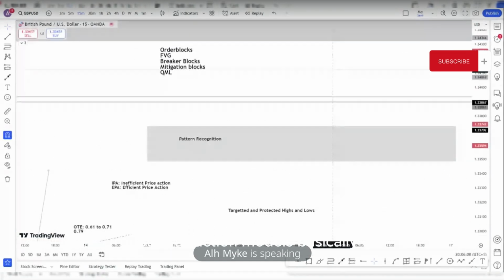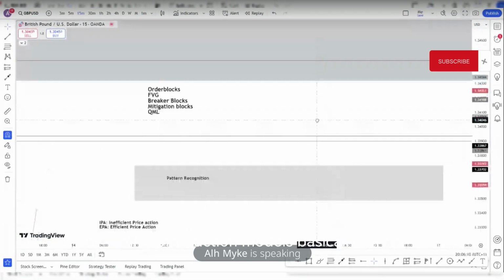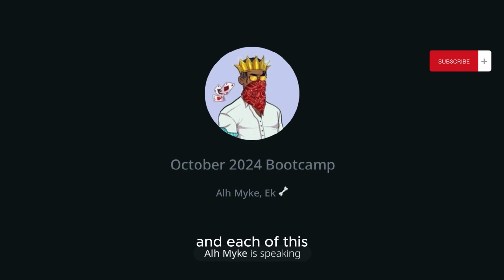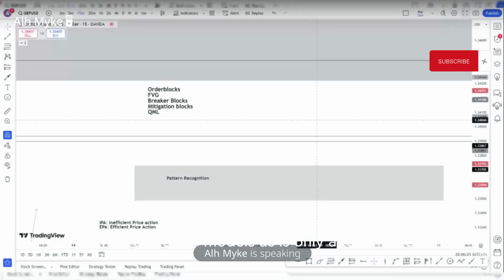Right, so entry models are more or less the levels you are looking to enter trades from. And there are various entry models, and each of these entry models has its own rule attached to it.